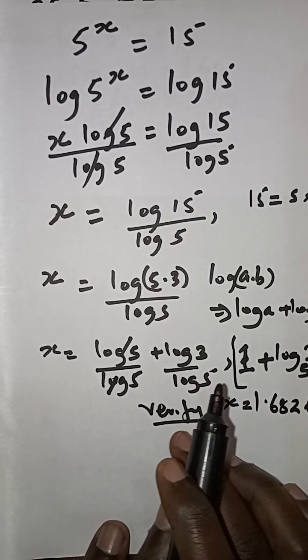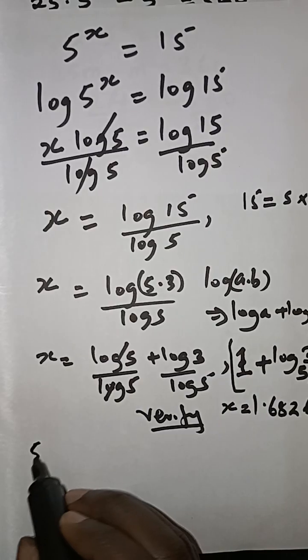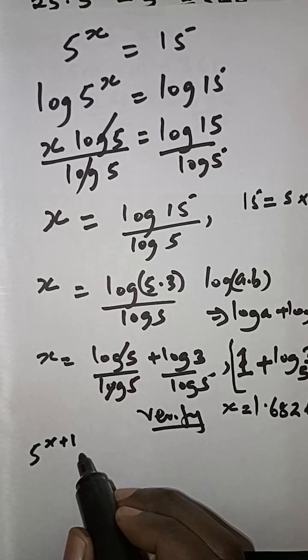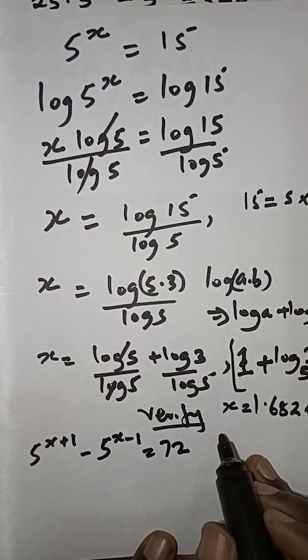So we're going to go ahead and verify this. We had 5 raised to x plus 1 minus 5 raised to x minus 1 should give us 72.